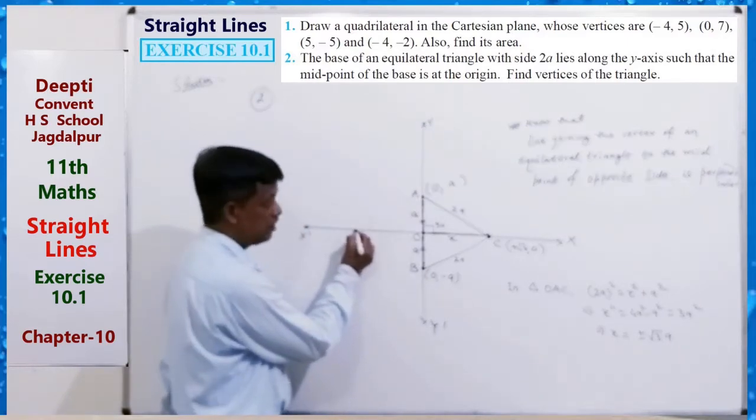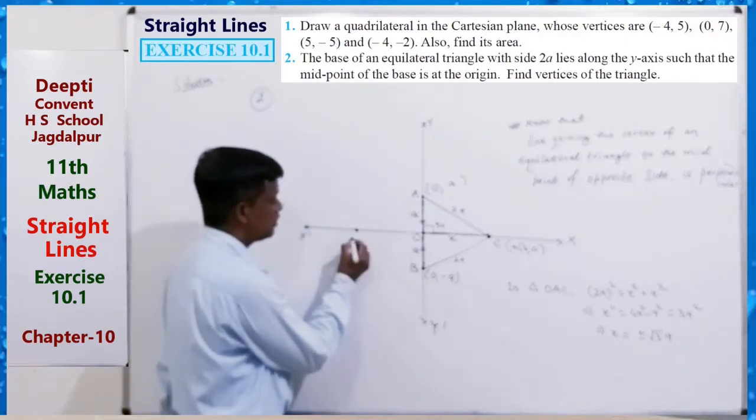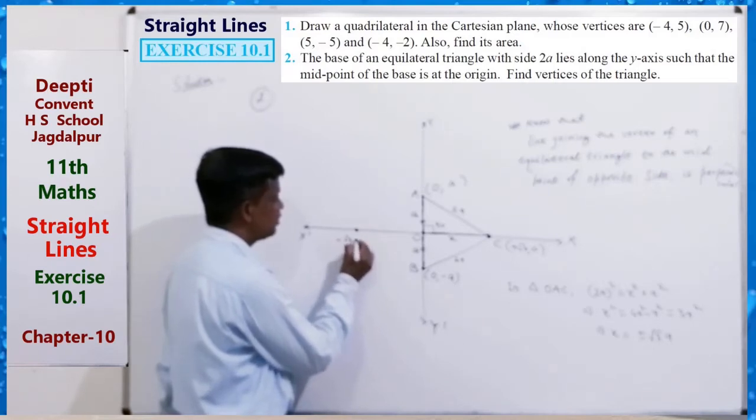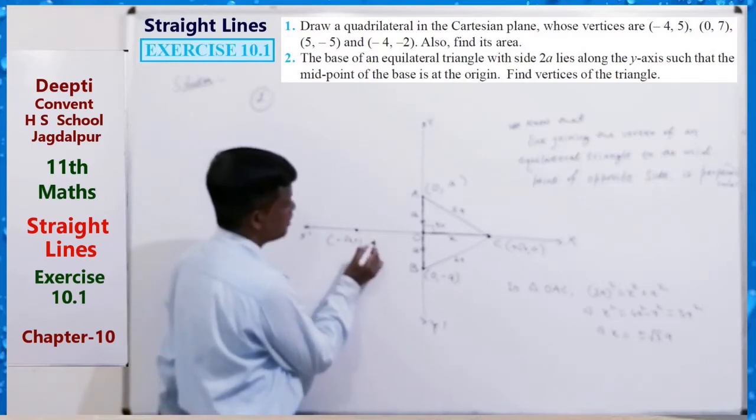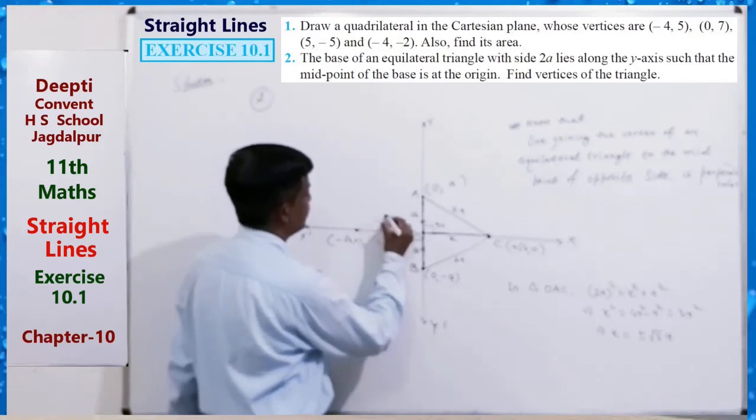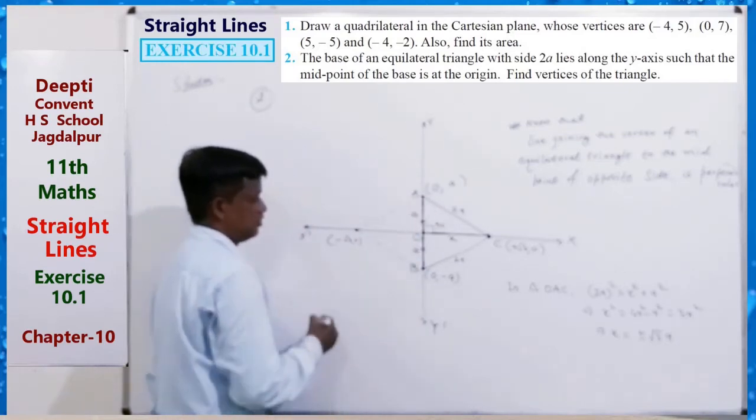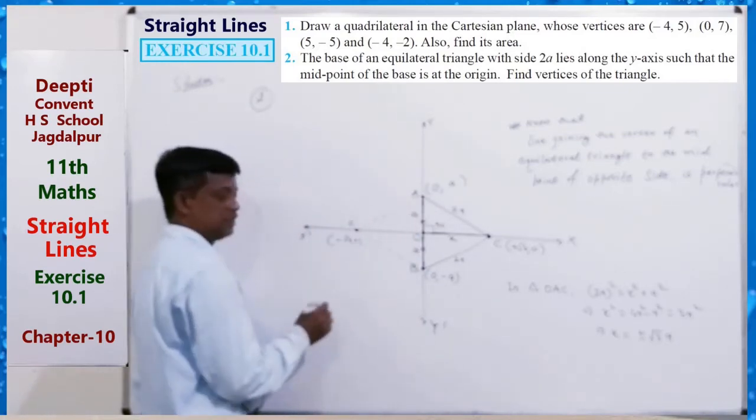And minus root 3 is here, maybe here also. So minus root 3 a, 0. So this may be also C dash.